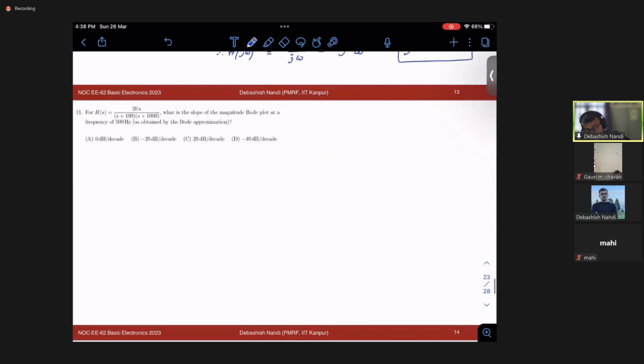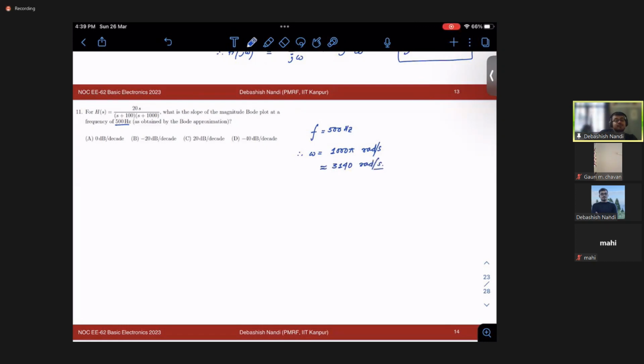What are they asking? Same transfer function. What is the slope of the magnitude Bode plot at a frequency of 500 hertz, right? So f is equal to 500 hertz. So your omega is 1000 pi radian per second, right? That is around 3140 radian per second, right?